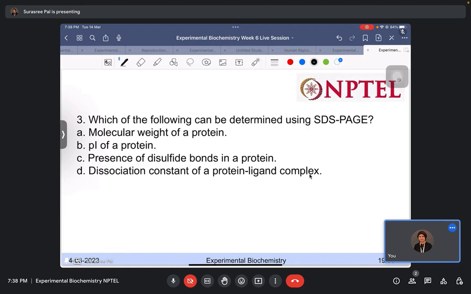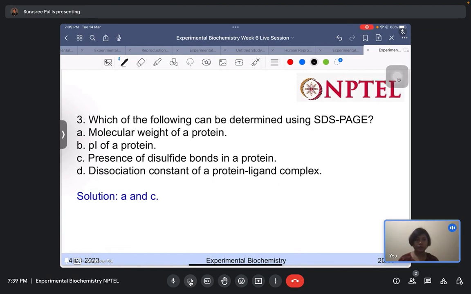Next question. Which of the following can be determined by using SDS PAGE? The correct answer is the molecular weight of the protein as well as the presence of disulfide bonds in a protein.